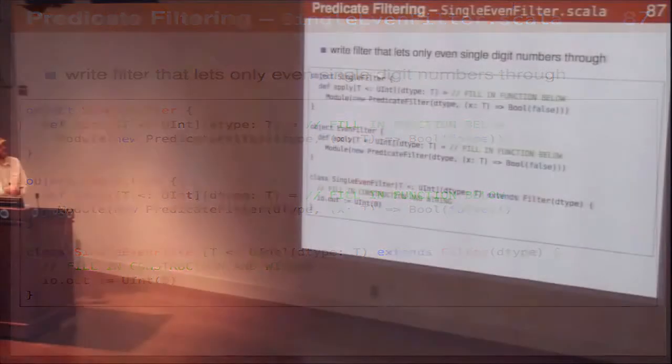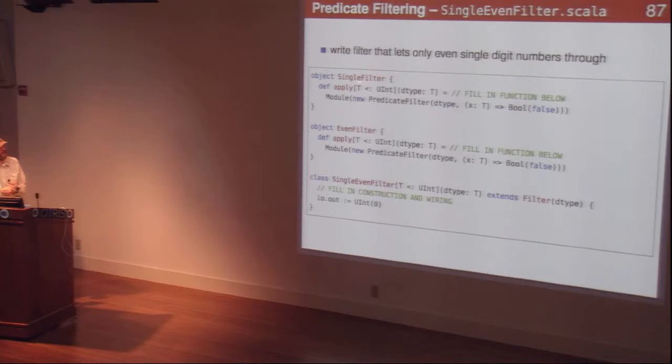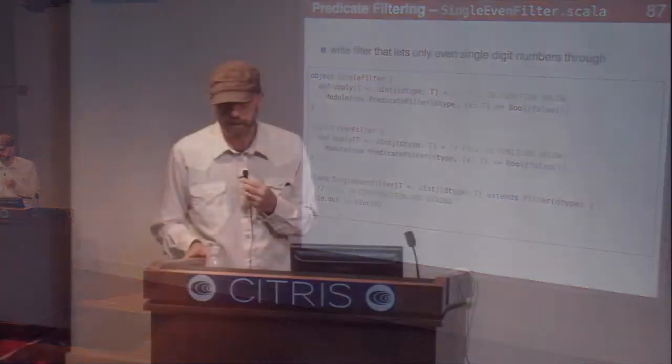This will be available at top level, so you can just call single filter and it will construct this particular kind of predicate filter that just keeps things that are single digit. Any other questions? If you call it, it just returns the filter object, right?